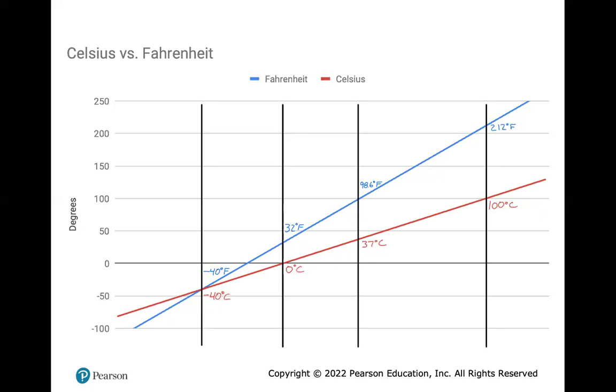It's where the scales cross. Now, again, in Fahrenheit, we have 32. In Celsius, we have 0. These are the same point. It's only the scale that's different. 98.6 is 37, and 212 is 100 degrees Celsius.